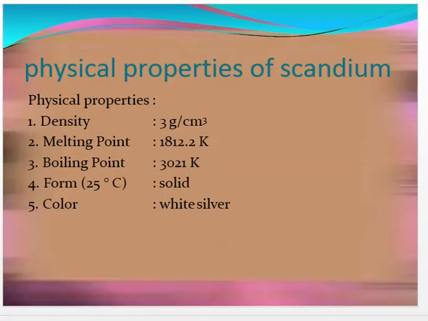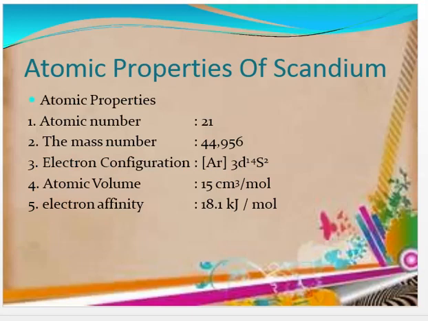Physical properties: density, melting point, boiling point, from 25 degrees, and color white silver. About atomic properties, what are atomic properties and which properties can we describe here?